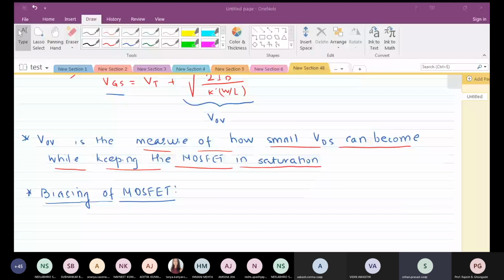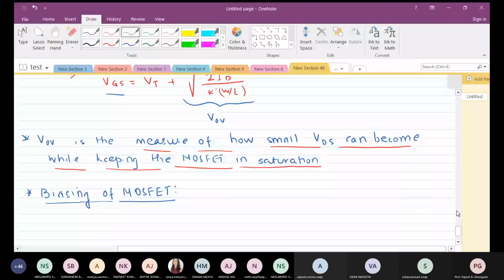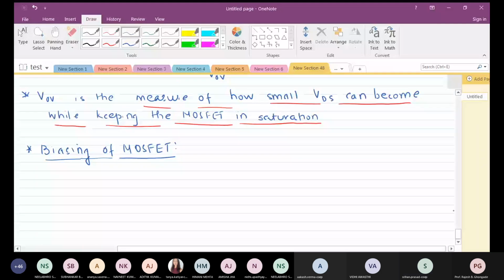All right. So then we go for biasing of the MOSFET. Now again, just like what we have seen for bipolar junction transistor, we have biasing techniques. Now, what do you mean by biasing? Let me recap.